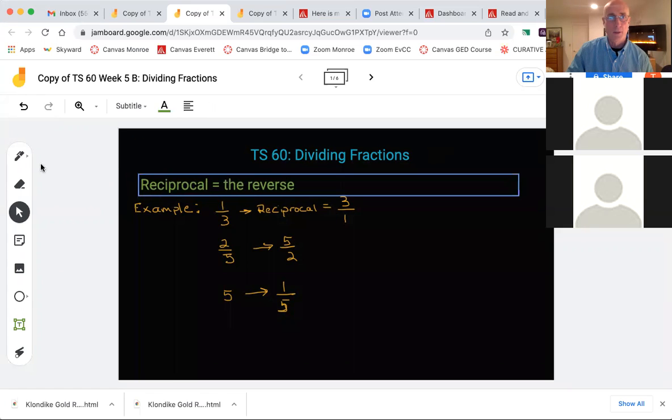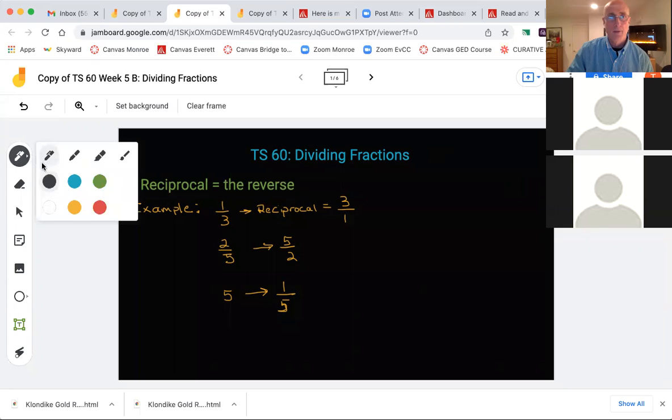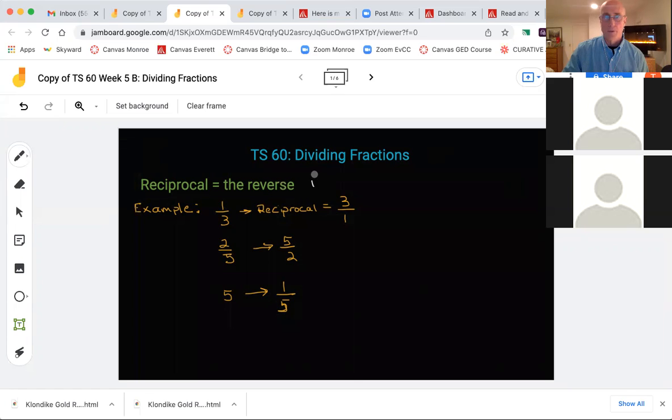It basically means, very simply, the reverse of something, the flip of something. I'll write the word flip in here, like you're flipping something upside down. So if I had the number 1/3 and I ask you, what's the reciprocal of that? You would flip it upside down to 3/1. That is the reciprocal of 1/3.